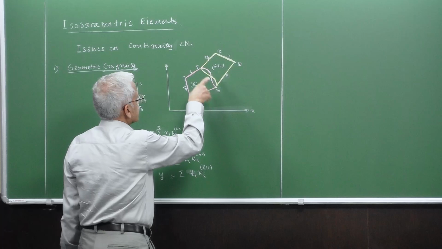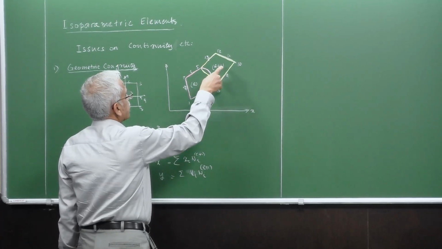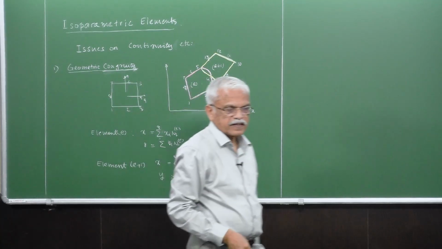So in one case the edge is formed passing through 3, 4, 5, but like this. By the other element, is it possible that it goes through 3, 4, 5 the other way?